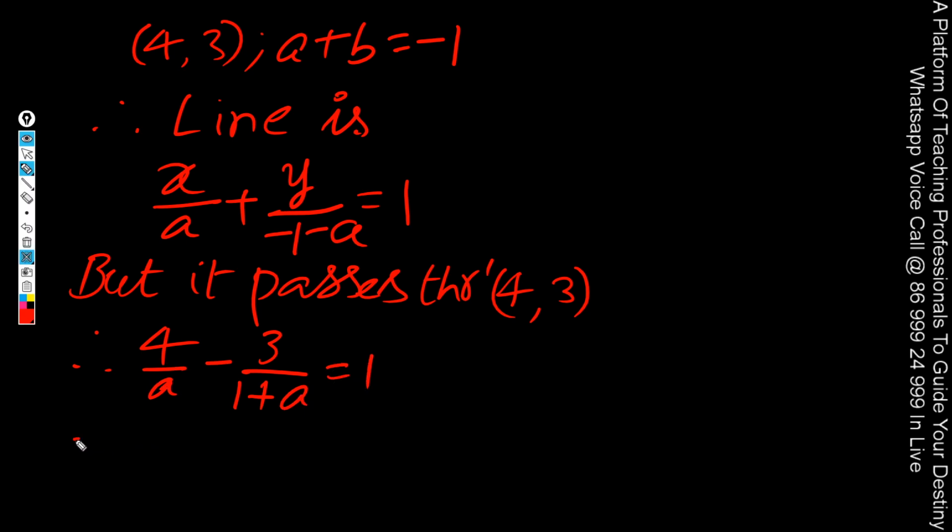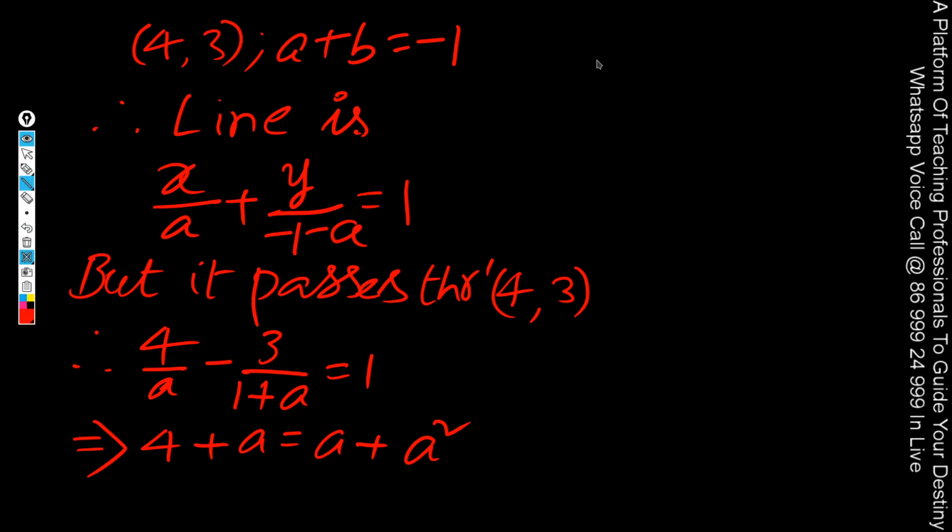Let us take LCM here. And let me write direct step. 4 plus 4a minus 3a. 4 plus a is equal to a plus a square. A plus a square. Let me continue this now.